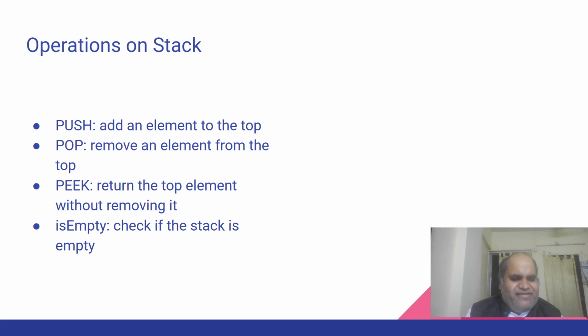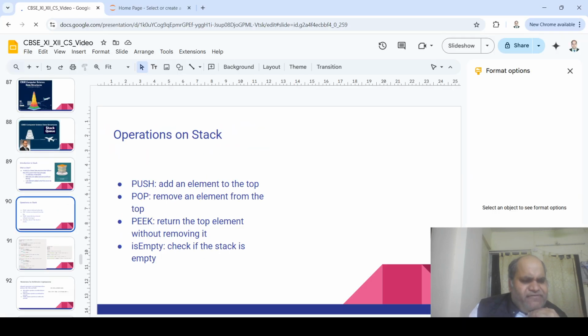And based on how many elements there are, we have a utility that will tell you whether the stack is empty or not. So with that in mind, we have introduced two new operations, push and pop, and two utilities, that is peek and is empty.